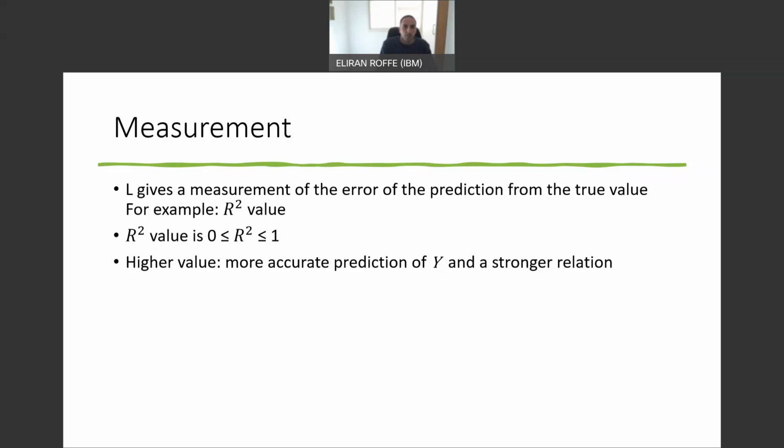This metric means how far the true value is from the prediction that we had. If R squared is very close to 1, it means that the relation is very strong and everything is very accurate. If it is much lower than 1, it means that it is not good enough. Of course, we need to have some threshold: if we are above this threshold, we define the relation as strong. If it is lower than the threshold, the relation is not that good.